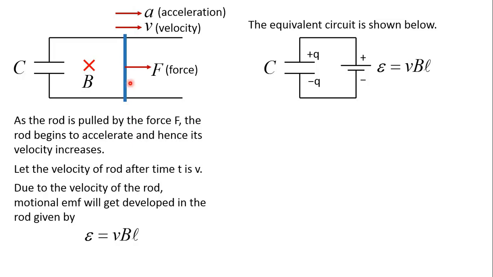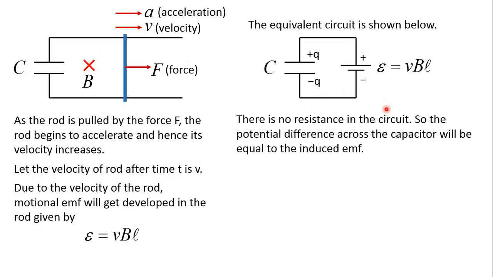This you can check with the right hand thumb rule. So the induced EMF in this rod is VBL, and this rod can now be replaced with a battery of this polarity, upper end positive and lower end negative, with EMF VBL. So now this rail-rod system can be replaced with a simple battery.